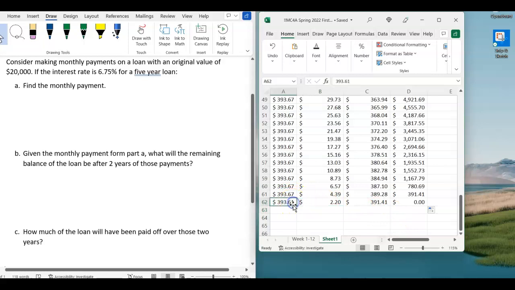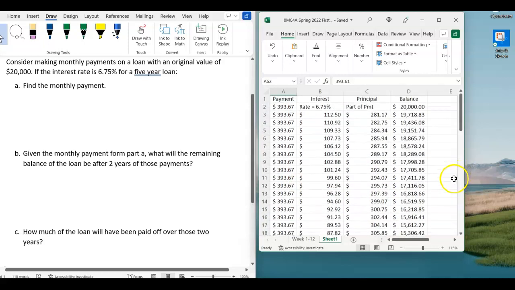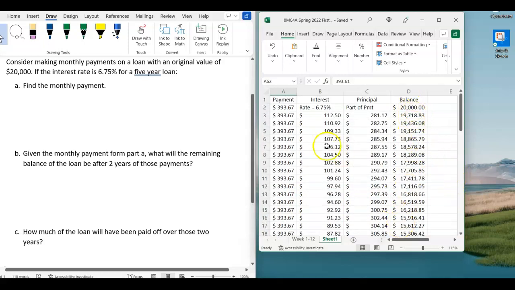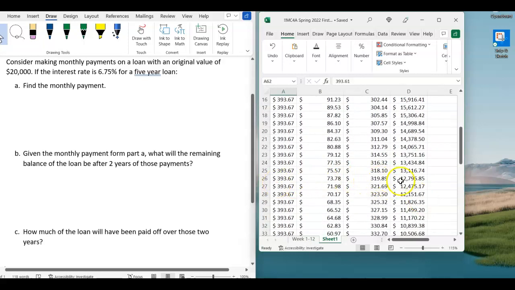Notice the last payment is $393.61, because between what you owed and the rounding off of that $393.67, you get a little less of a payment in the very last month, just a few cents. But anyway, you can see by an amortization schedule all the way along. After the first month, your balance has gone down to here. After a year, it's gone down to $16,519, and after 2 years, it would be $12,796.85, and so on.